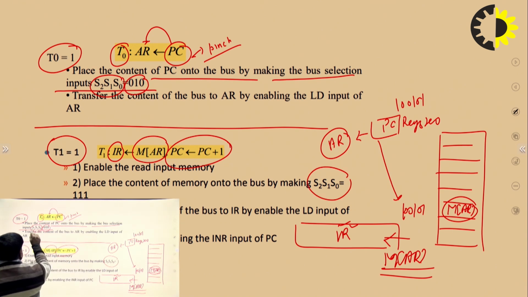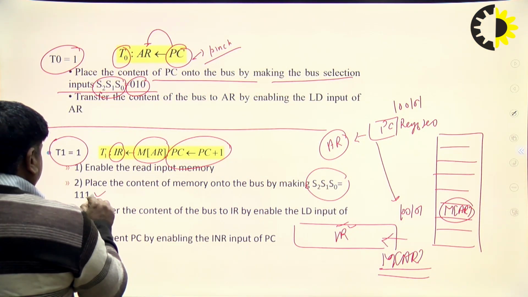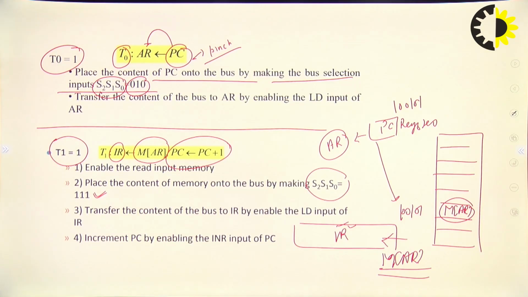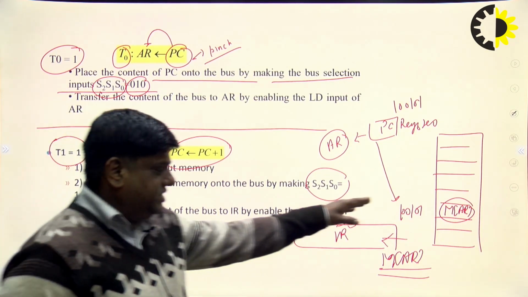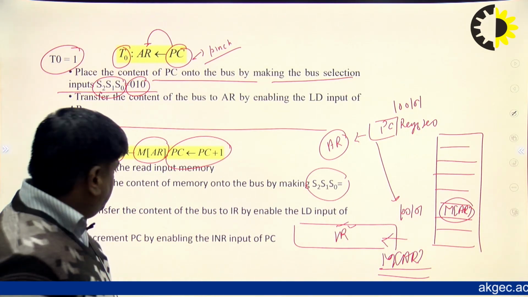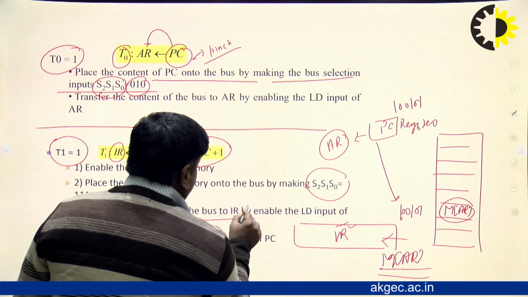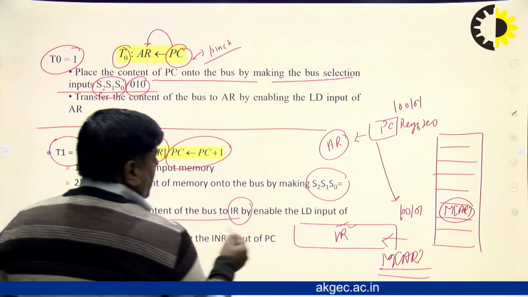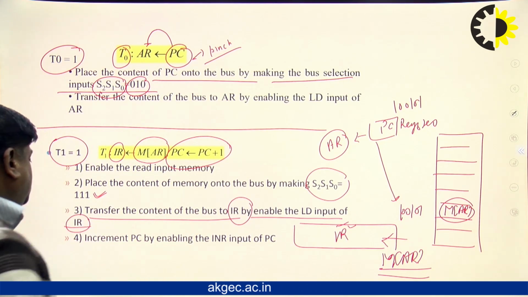Here the selection lines S2, S1 and S0 are enabled, that is 111. It means the value of this data is transferred into the instruction register. Now, for transferring the content using the bus, only the IR is enabled, that is the LD input into the instruction register.